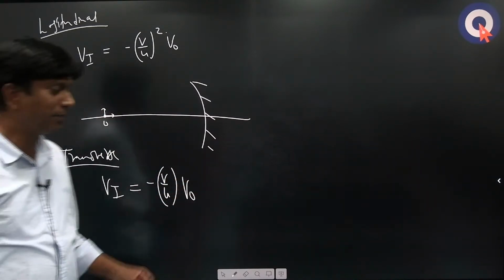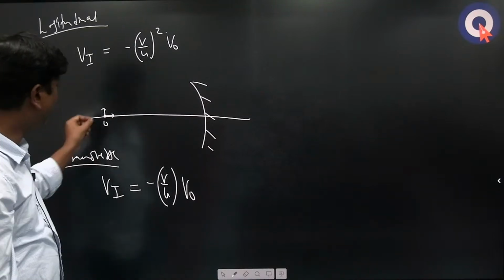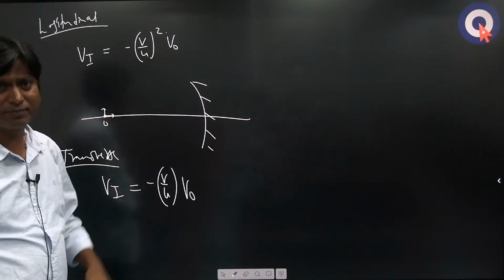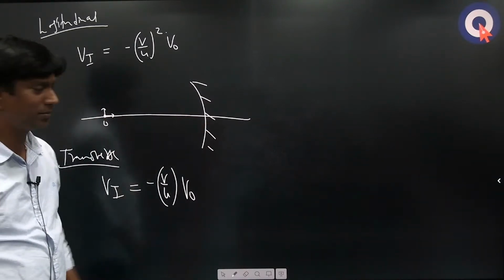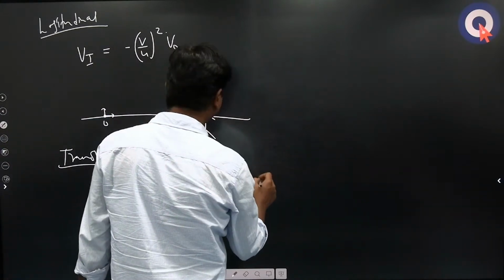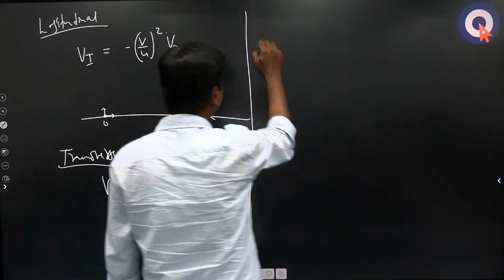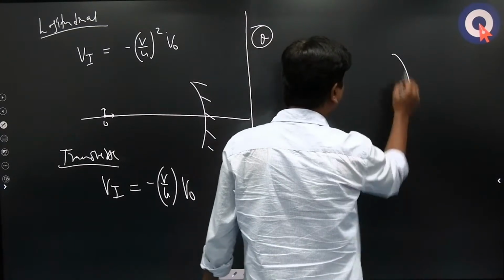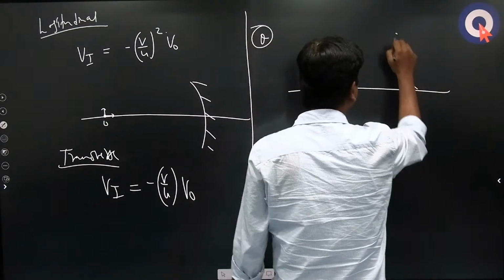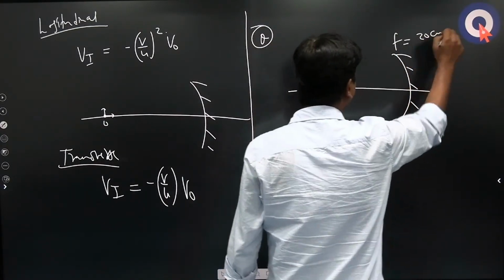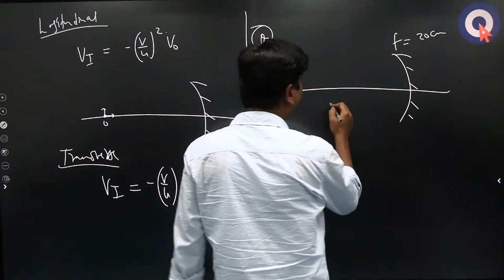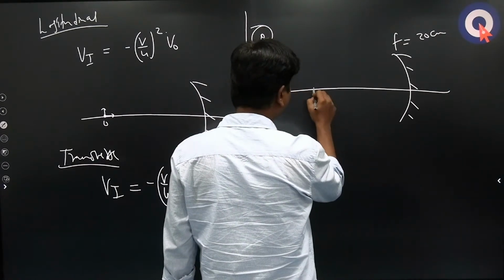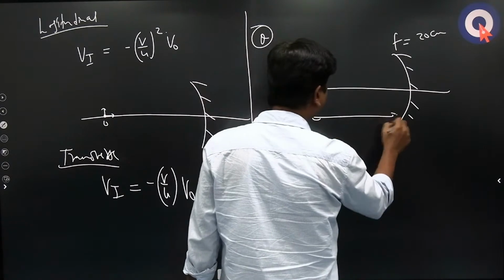Some questions will be like a small insect having a velocity of some i cap, j cap, k cap, in mm per second. I'll frame one simple question here. You have a concave mirror with some focal length, take 20 centimeters, and an object at 30 centimeters.